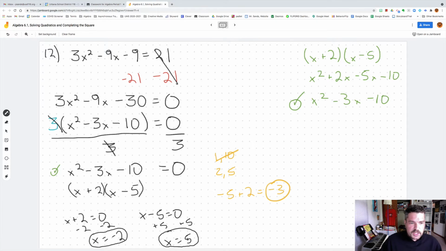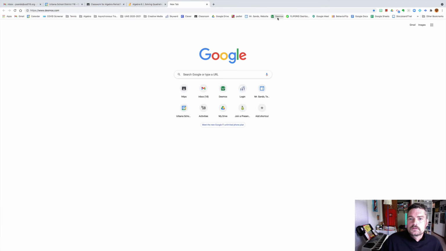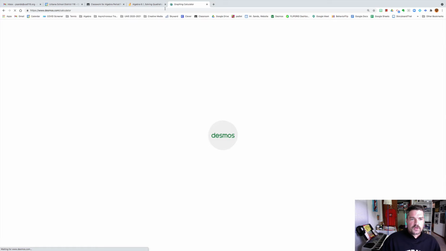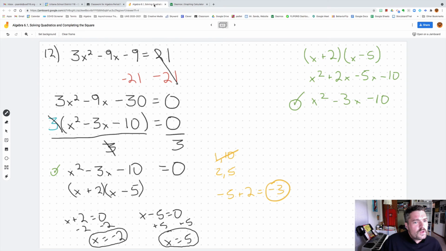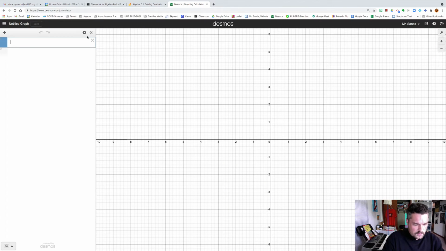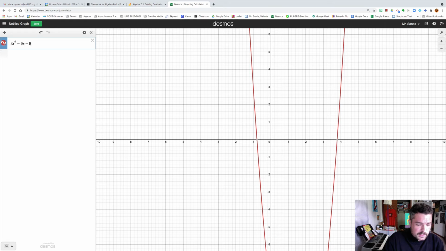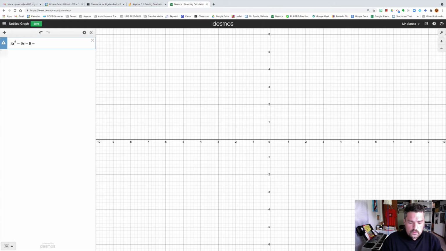So let's just check this out right here. Let's pull up Desmos and see if I was correct. Good way to double check. Pull up the graphing calculator. I don't know if it's going to register if I type the whole thing in. Let's try. 3x squared minus 9x minus 9 is equal to 21.